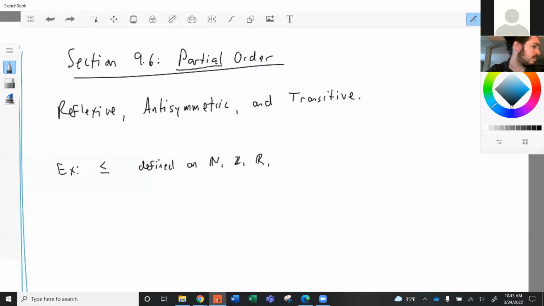Let's define what we mean by comparable.